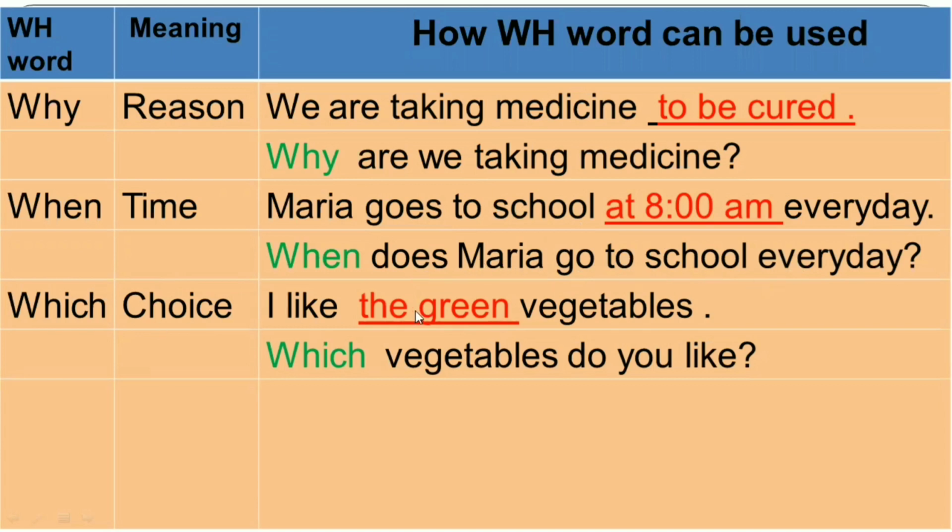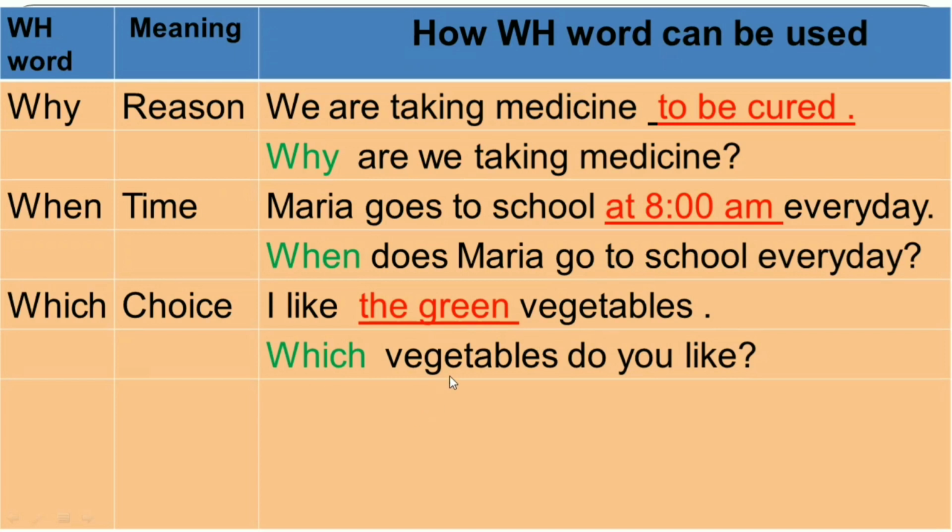Next one, I like green vegetables. So my dear student, here the underlined word is green vegetables. So here, special types of vegetable, that means the subject likes special kinds of vegetable. So if the underlined word indicates a special type of something, then the WH word will be which.